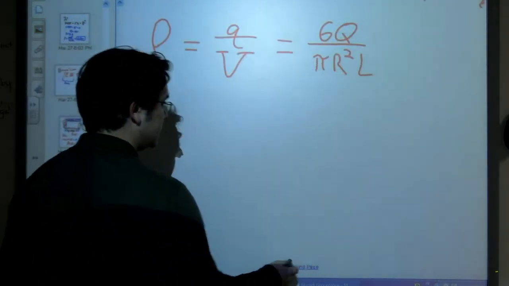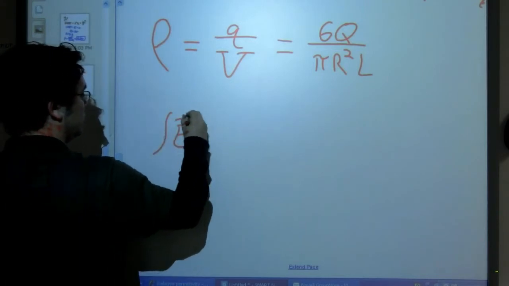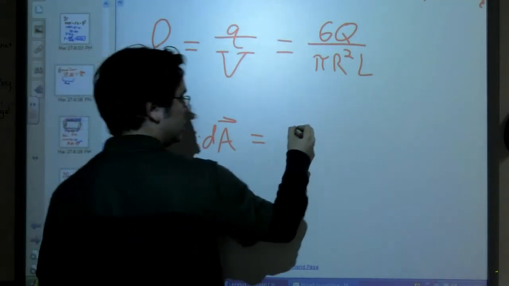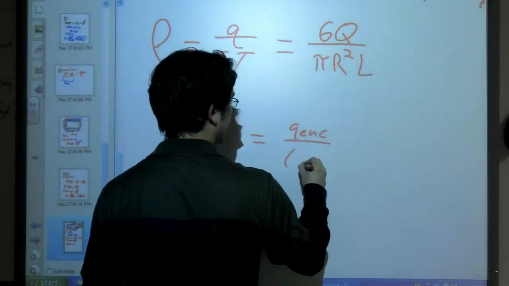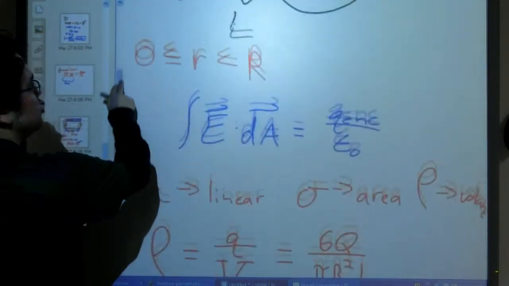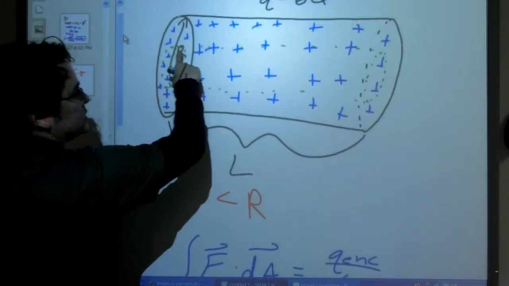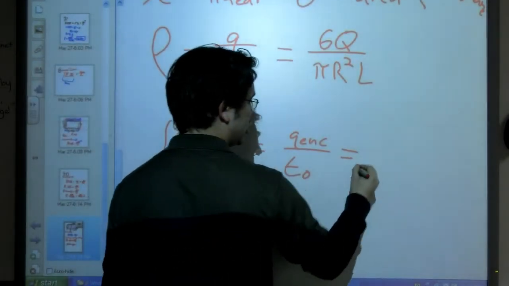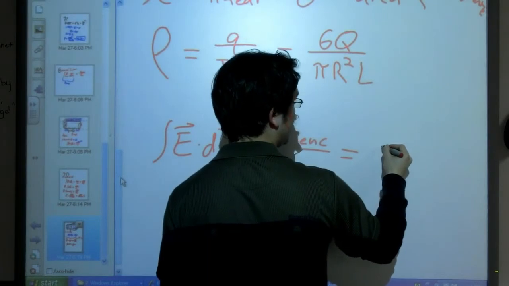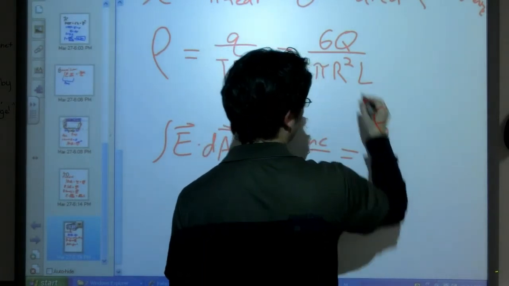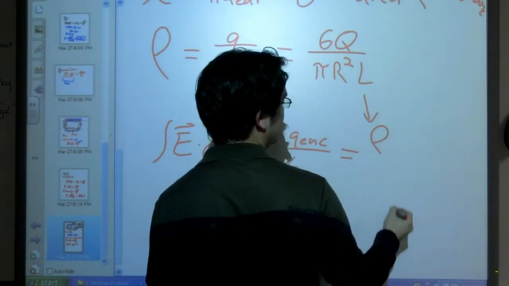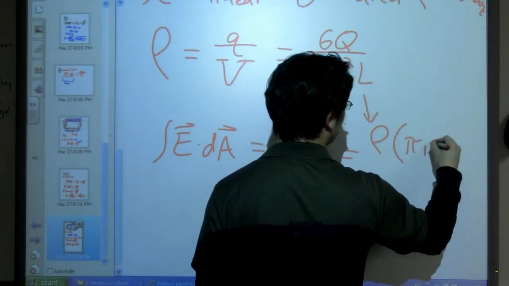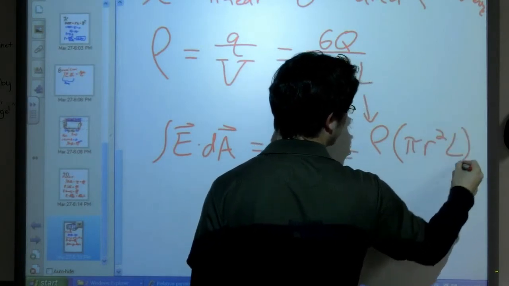Now, with that, I can find that my electric field dot dA, my flux, is equal to my charge enclosed, Q enclosed, divided by epsilon naught. When I arbitrarily draw out my Gaussian cylinder here, in this case it's a cylinder, it isn't always, my charge enclosed is going to be nothing more than my density, rho, times the volume that I actually have enclosed, which is pi little r squared times the length.